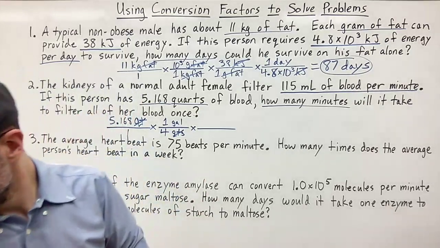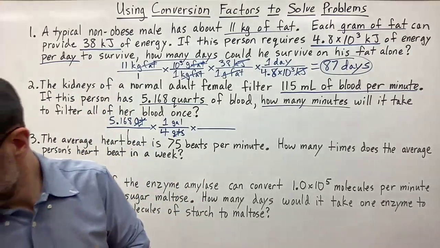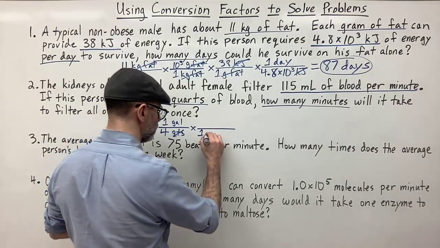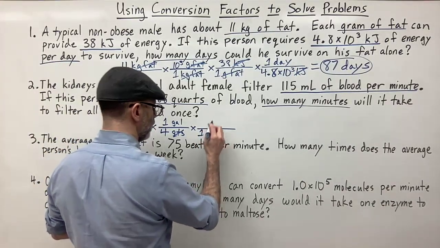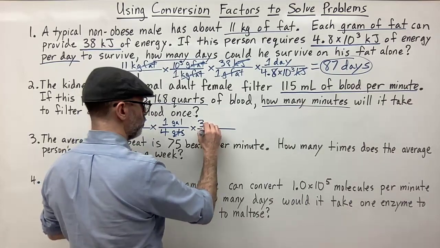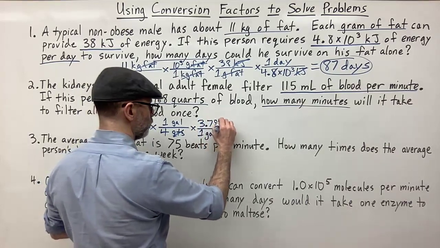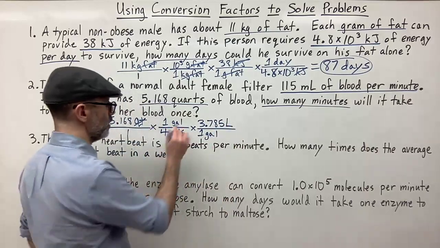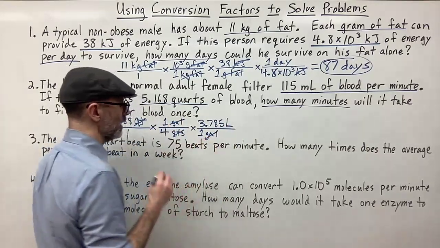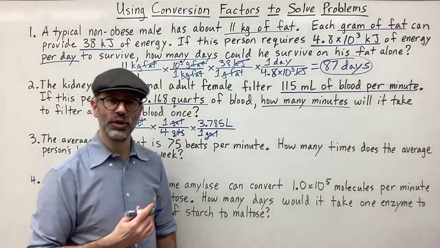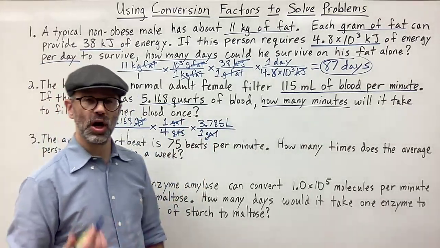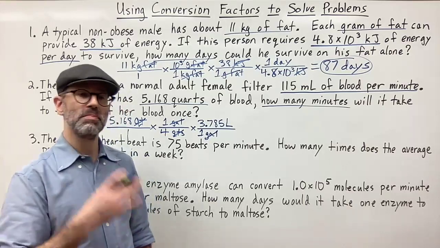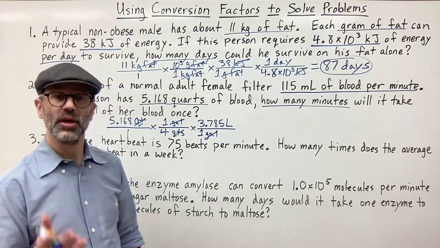And then I know that 1 gallon is equal to 3.785 liters. Let me just double check that. 3.785 liters, yeah. So 1 gallon on the bottom and 3.785 liters on the top. So gallons are going to cancel out. Now I have liters. Now I can convert that to milliliters because I know 1 milliliter is 1/1000th of a liter, because milli is 1/1000th, right?